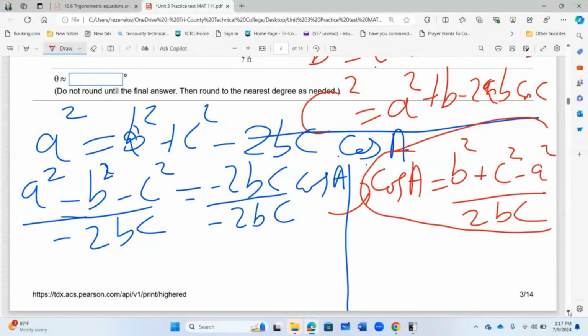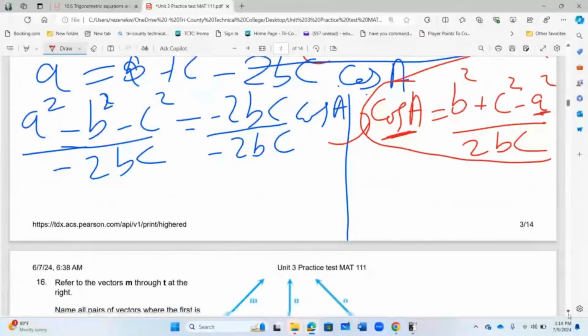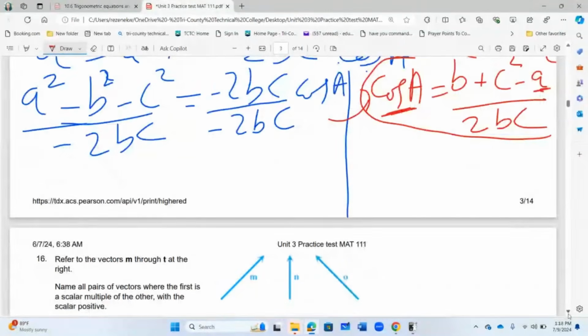Look at what happened. Cosine of A is equal to B squared plus C squared, so the sides that are not A, minus A squared. If I'm looking for cosine A, then it's going to be minus A squared. Let me go ahead and write for cosine of B also.